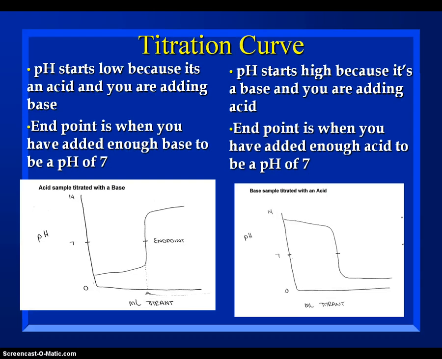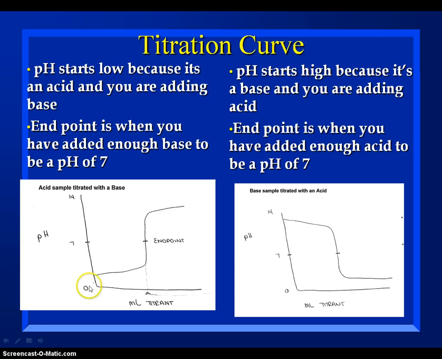Now if we look at this, this is a titration curve. A titration curve shows the pH versus milliliters of titrant, or the solution that we have added, and shows the end point. On the left here we have an acid sample that's titrated with a base. So that's the example we've been giving, an unknown acid.